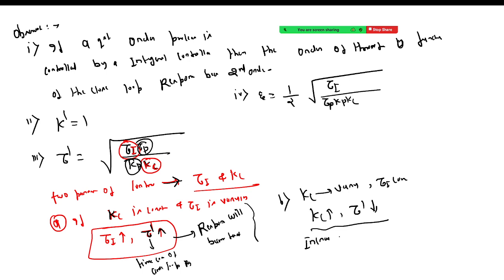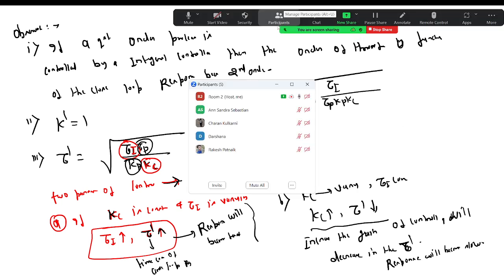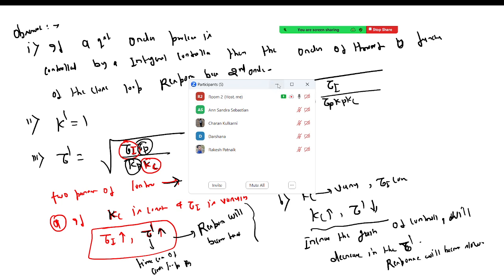Increasing the gain of the controller will decrease tau dash. That means the response will become slow. Is it clear? So your response will become slow. That's the case over here.